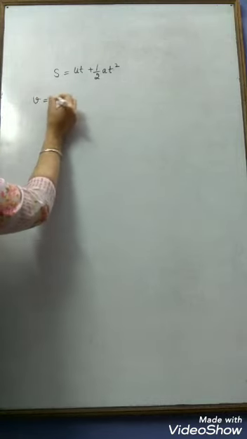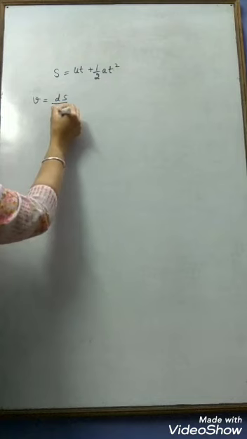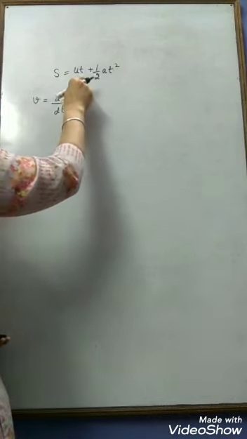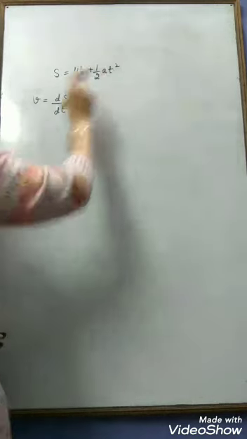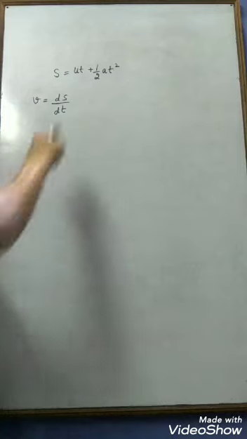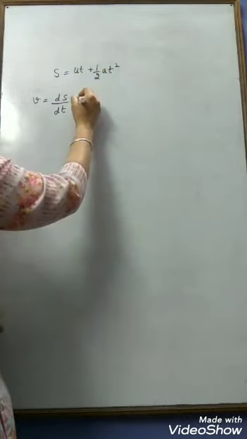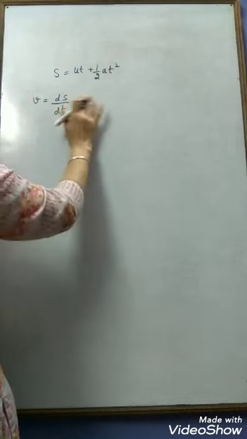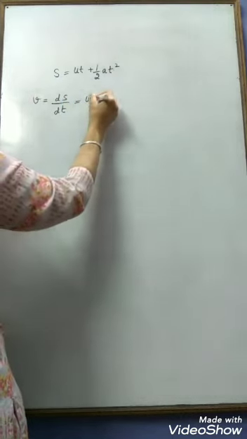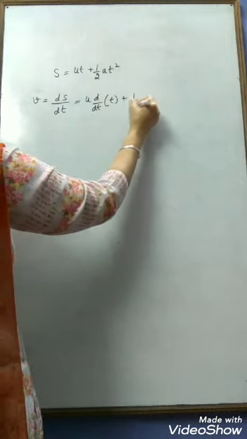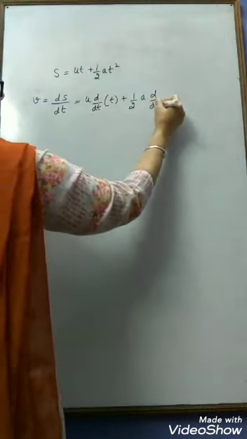This is velocity. Now this is the derivative of distance with respect to time, because here distance is a function of t. u and a are constant. s is not a function of u and a; s is a function of t. And we have to differentiate it with respect to t. Then how do we write? u derivative of t plus half a derivative with respect to t of t square.